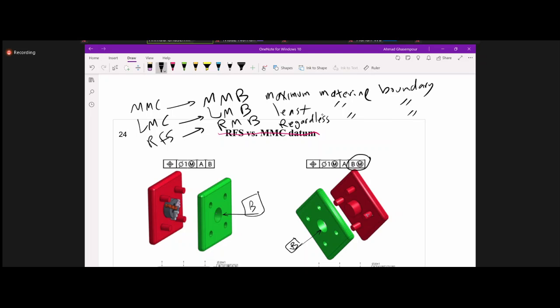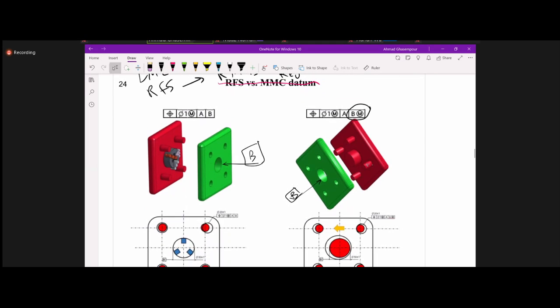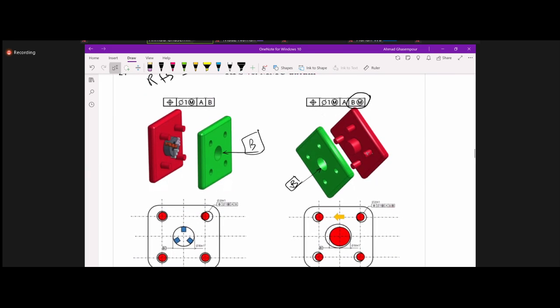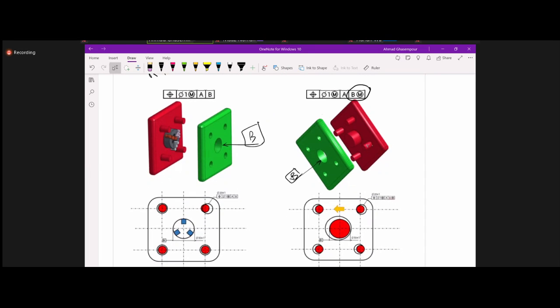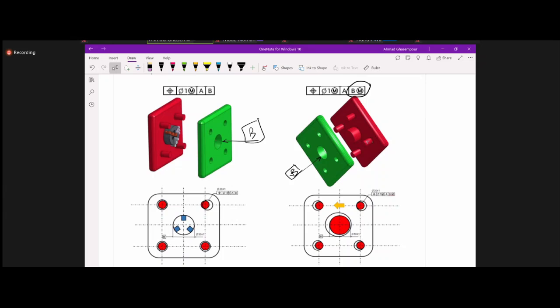Now, what does that have to do with anything? What is the difference whether that datum B has the letter M around it or not? I'll just talk about M; the other two basically become clear. The red item in this slide is your gauge or the mating part, and the green is the actual part itself.